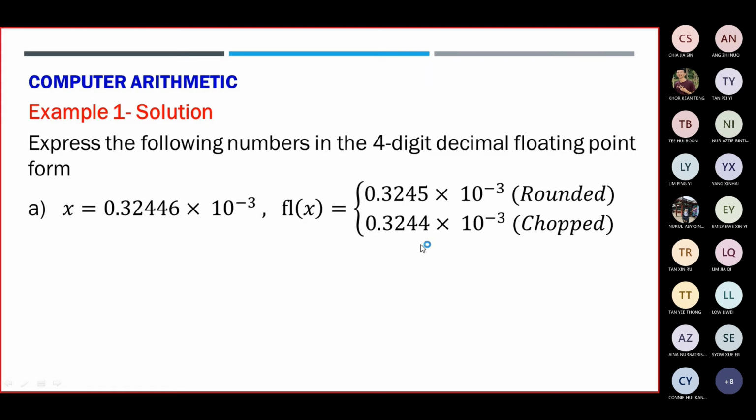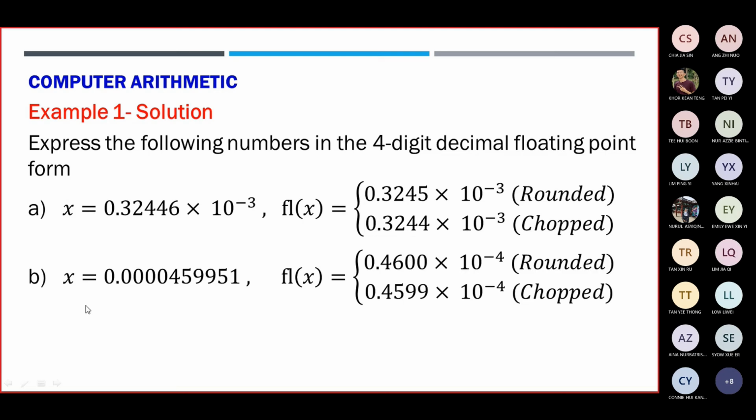Now take a look at the second example. The second example is given as x equals 0.0000459951. Again, we only consider the 4-digit decimal floating point form.